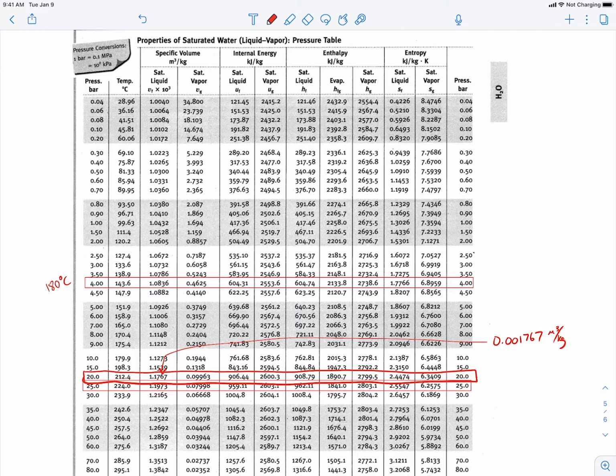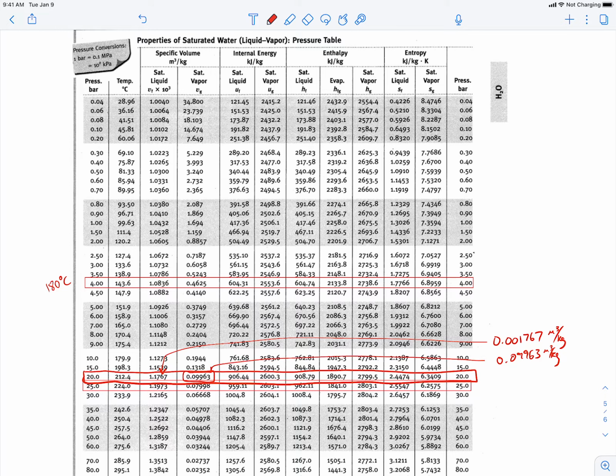That's the specific volume corresponding to a saturated liquid. And here's the saturated vapor one right here. Notice the saturated vapor one is not multiplied by 10 to the third. So the saturated vapor one is just 0.09963.